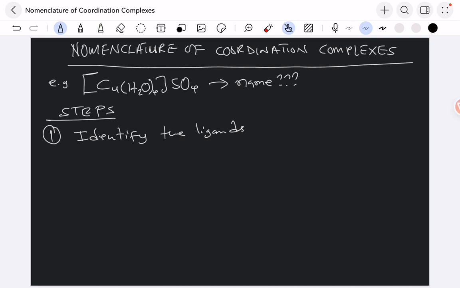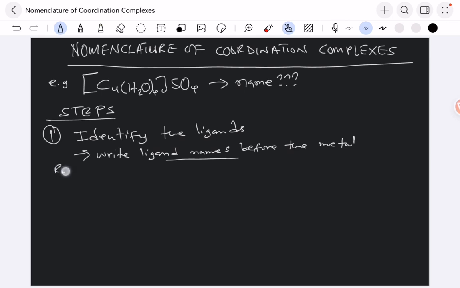Then, as we are trying to identify the ligands, we have to make sure that we write ligand names before the metal. So the rule is that we're supposed to write the name of the ligand first before we write the name of the metal.